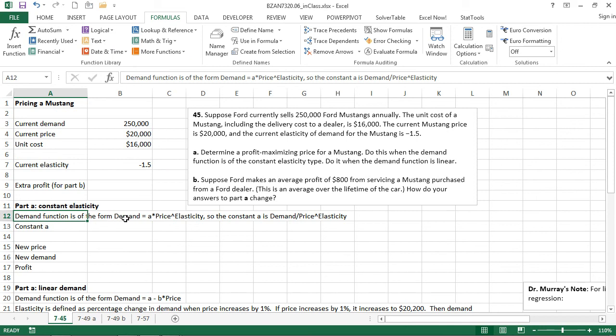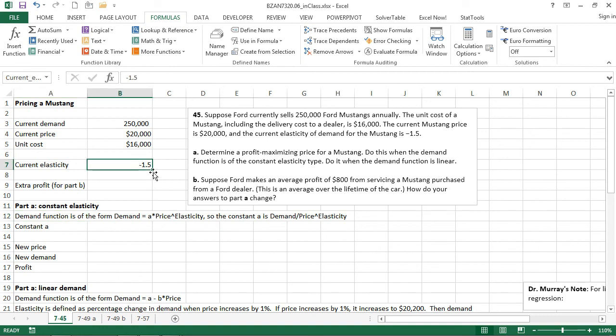What we're saying there is that demand is equal to a constant times price raised to the value of elasticity. In other words, this elasticity is the exponent of price.